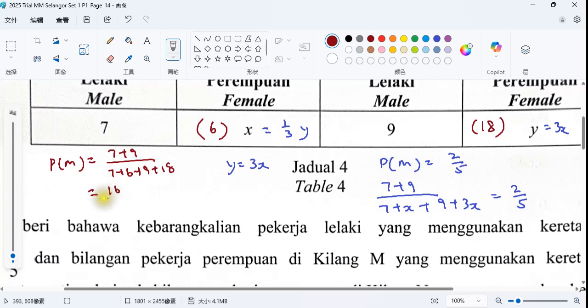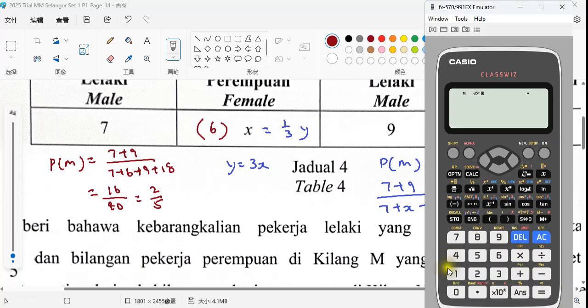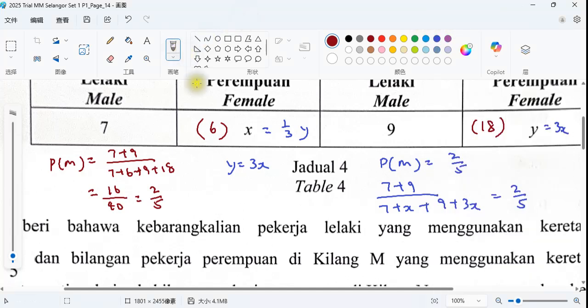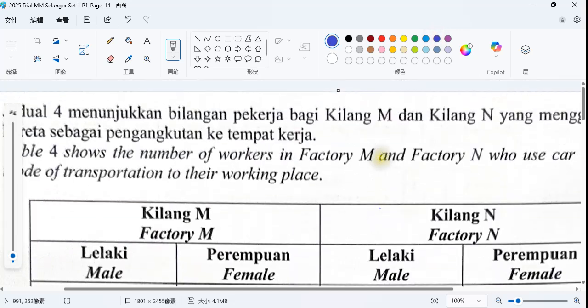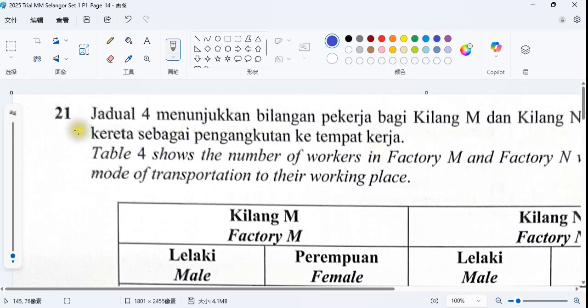So it will be 16 over, 10, 20, 30, 40. So it will be 2 over 5. Yes, correct. 16 over 40 is 2 over 5. So this one is probability for combined event from Form 4 chapter 9.